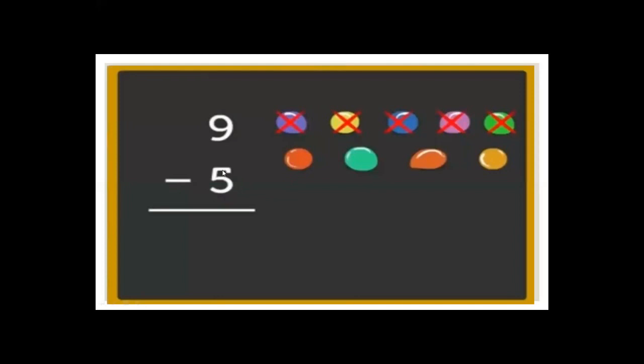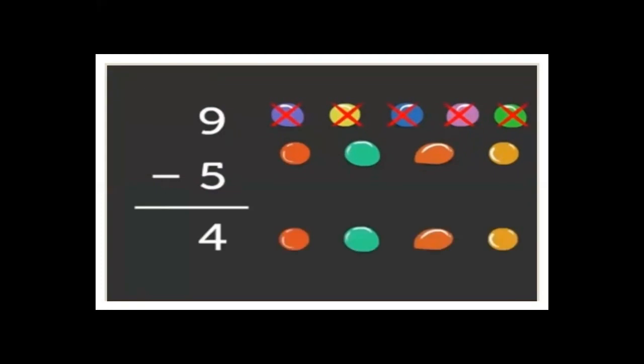We write the number 5 and put the minus sign because we are asking how many balloons are left. After putting the sign, we subtract 9 minus 5. So how many are left? 4. So there are 4 balloons left.